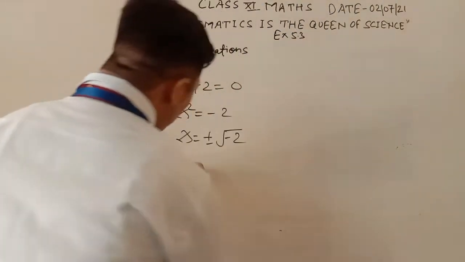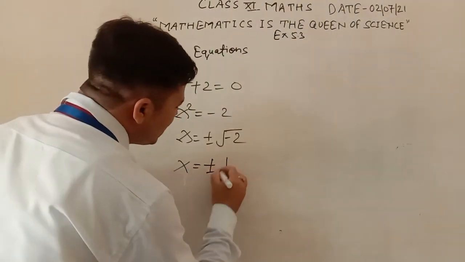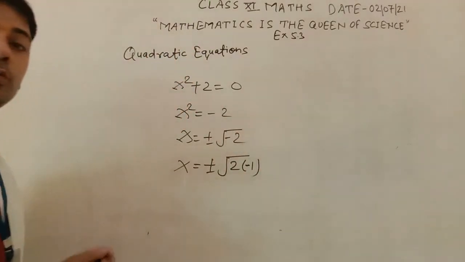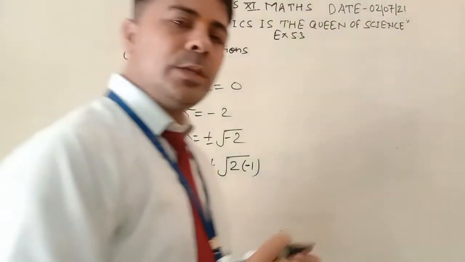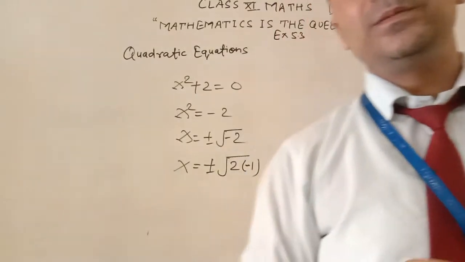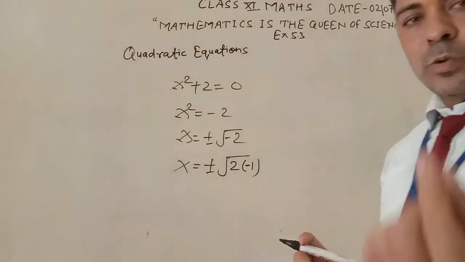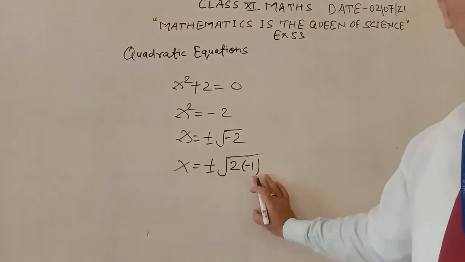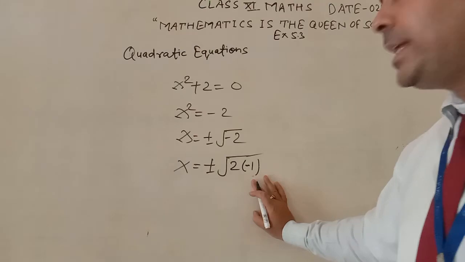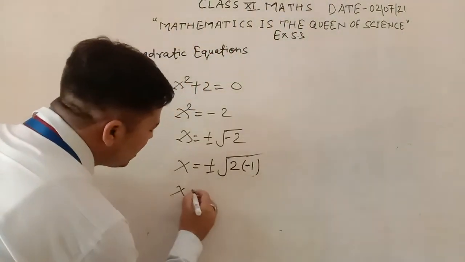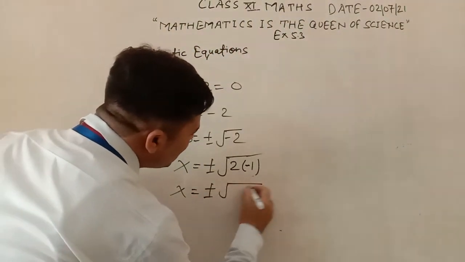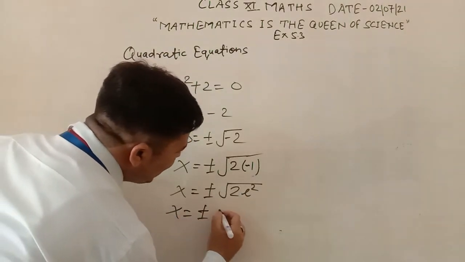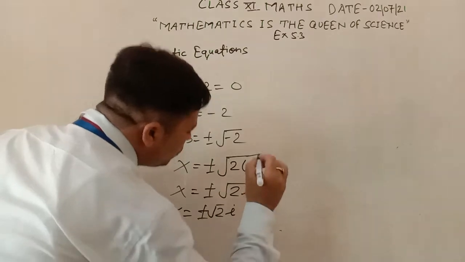Firstly, you have to write plus minus root of 2 into minus 1. Now you know that i is equal to root of minus 1 and i square is equal to minus 1. So you have to replace minus 1 with i square. You will get x is equal to plus minus root of 2 into i square, or x is equal to plus minus root 2i.